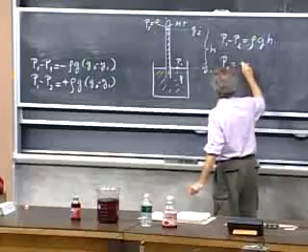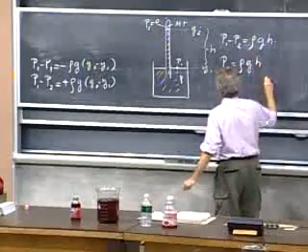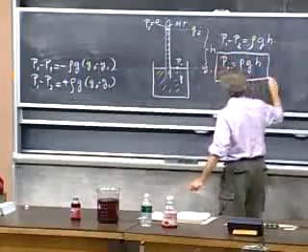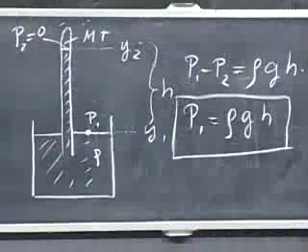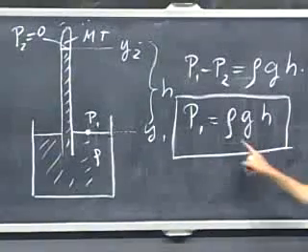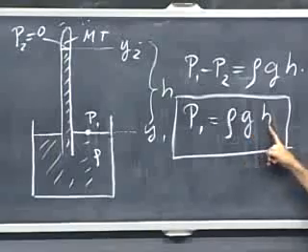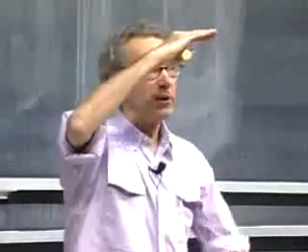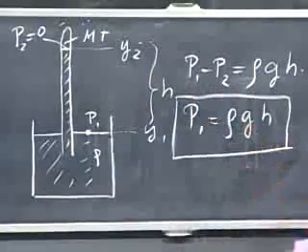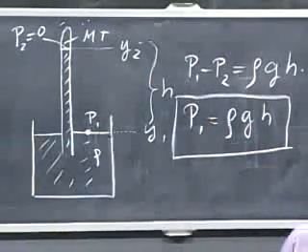So P1 equals rho G H. And that is the barometric pressure. So all I have to do is take a liquid, know the density of the liquid, measure how far I have to pull that hose up before the liquid breaks loose, and then I know what the barometric pressure is.